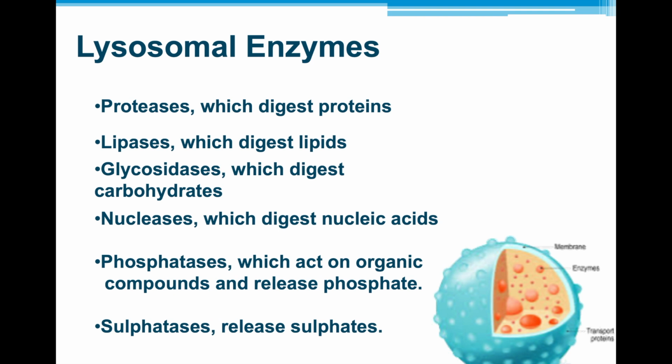Hence, they are also called acid hydrolases because digestive enzymes usually function in acidic medium or pH of 4 to 5. These acidic conditions are maintained inside the lysosomes by pumping of hydrogen ions or protons into them.